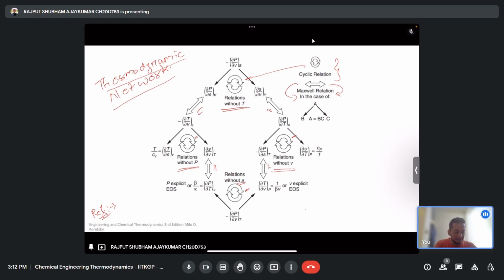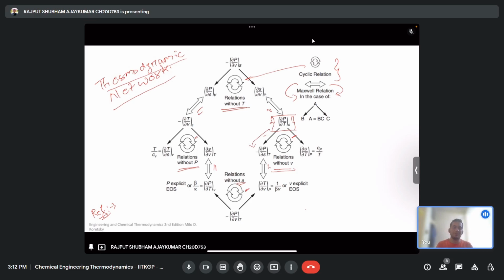In the examinations, some numericals come up where you have to relate two of these things. Suppose you are given del P by del T at constant entropy, you can directly relate it with this. If the entropy is given to you, you can partially define entropy with respect to the constant pressure.